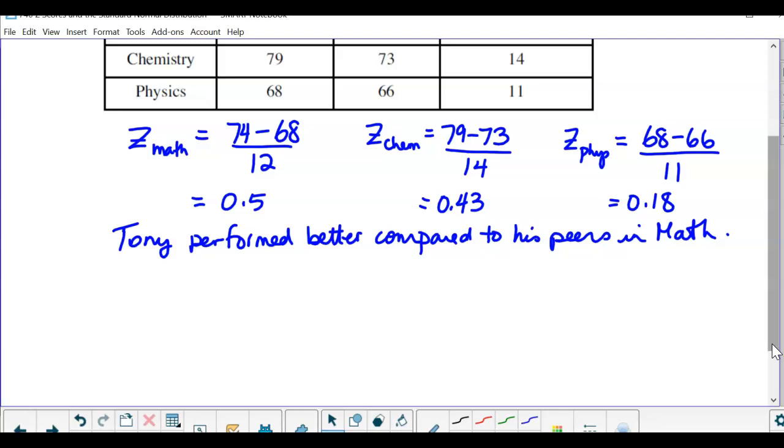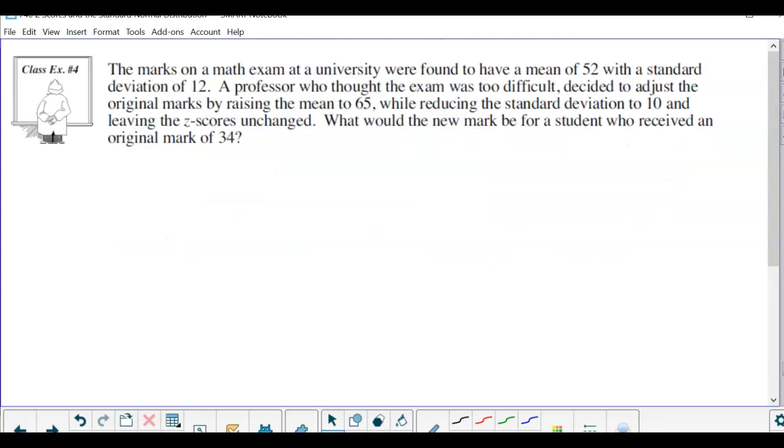Okay, take a look at the next one. This is how, as I said, professors at university might be adjusting marks. Marks on a math exam at a university were found to have a mean of 52 with a standard deviation of 12. A professor who thought the exam was too difficult decided to adjust the original marks by raising the mean to 65.